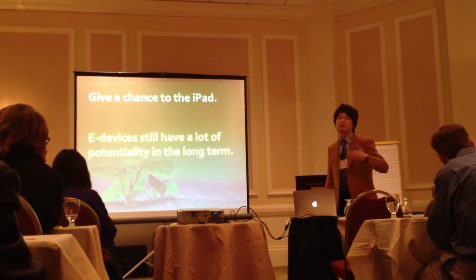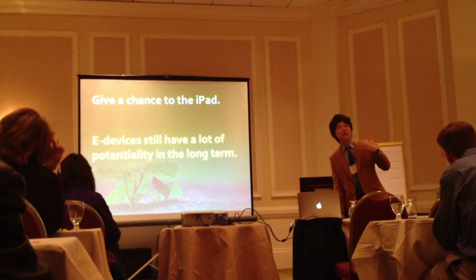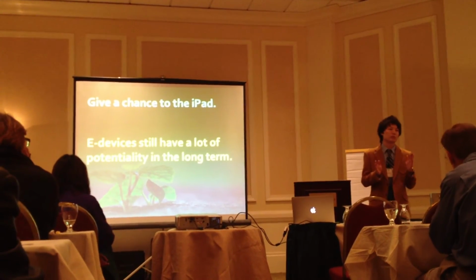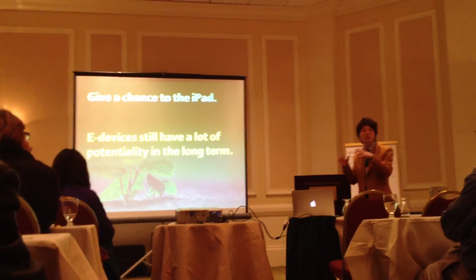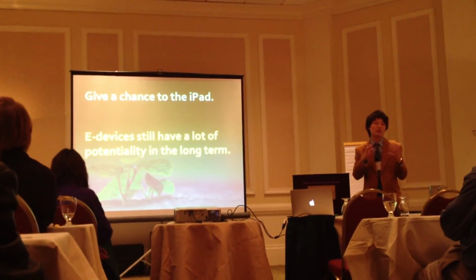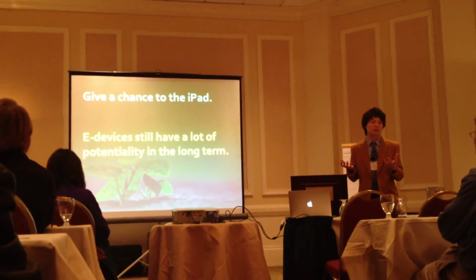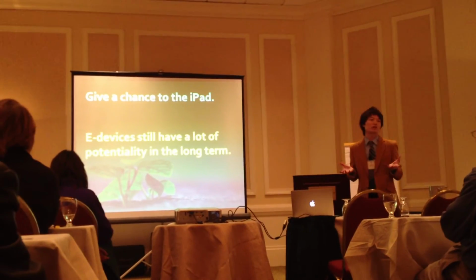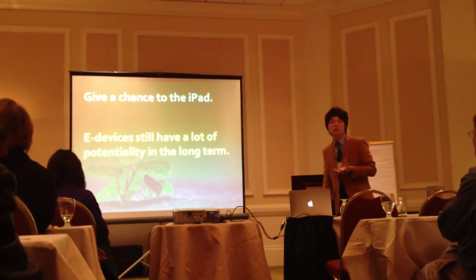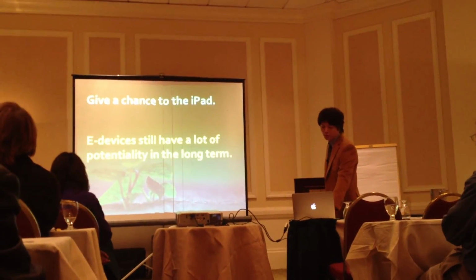So even though many research papers tell us that there is no big difference between using a printed book or iPad for education purposes, actually it is a positive result, because it means they do not calculate the potentiality of using e-learning tools.